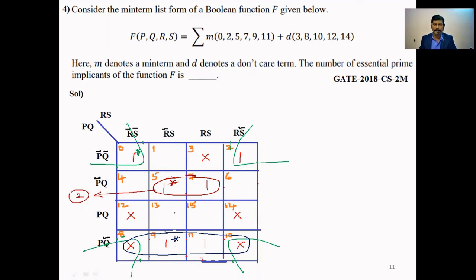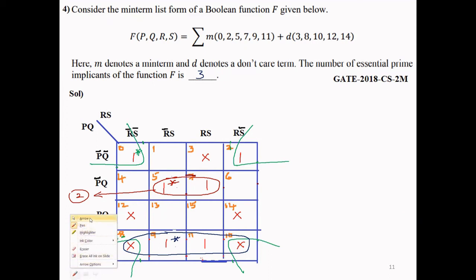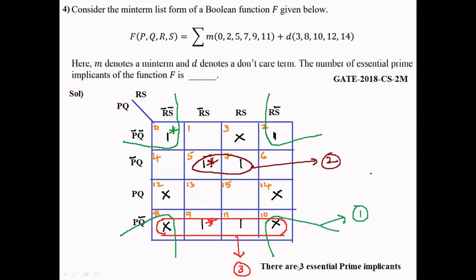So the output function is completed. Total number of essential prime implicants is 3. Let us check the answer. Yeah, there are 3 essential prime implicants. Please pause this and note down.